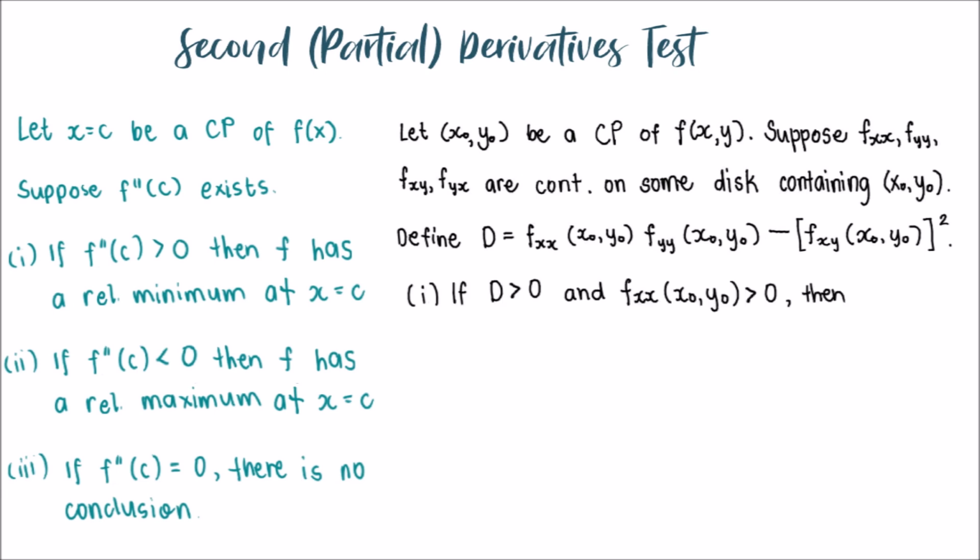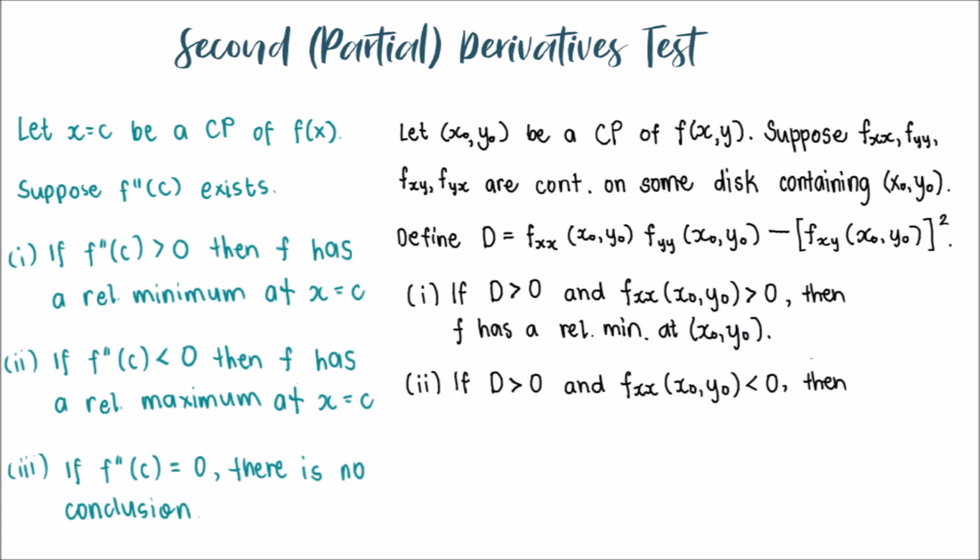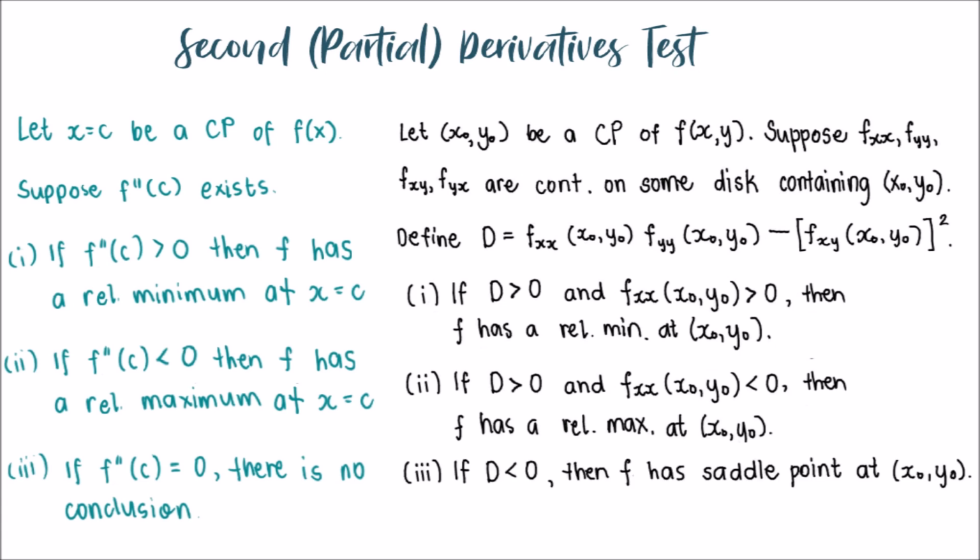Now, if D is positive and f sub xx is also positive, then f has a relative minimum at the critical point (x naught, y naught). If D is positive yet f sub xx is negative, then f has a relative maximum at (x naught, y naught). Now, if D is negative, then f has a saddle point at (x naught, y naught).